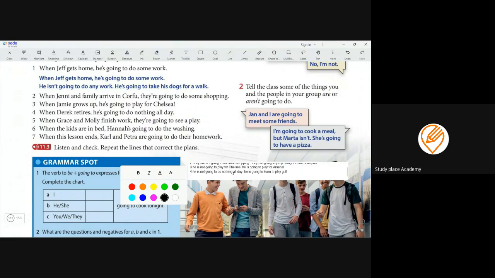And number five. When Grace and Molly finish work, they're going to see a play. No, they are not going to see a play. They are going to see a film.